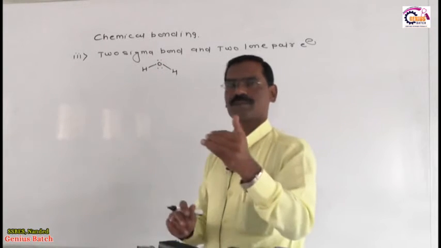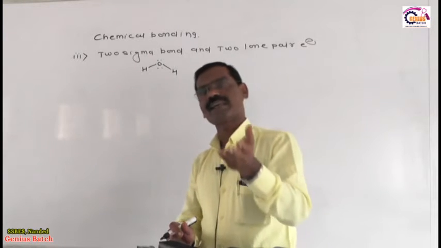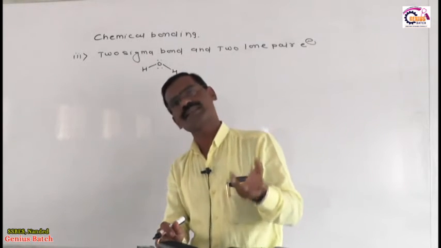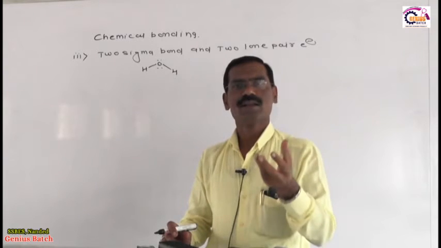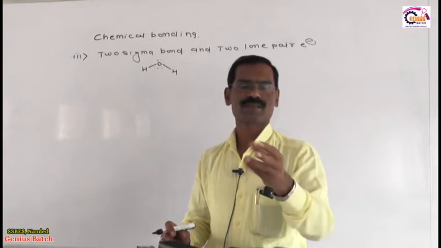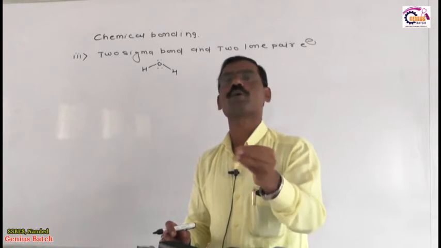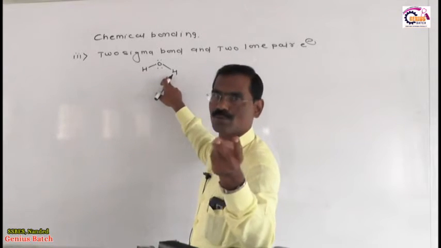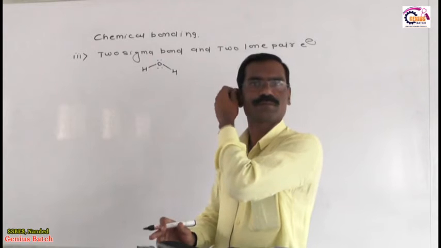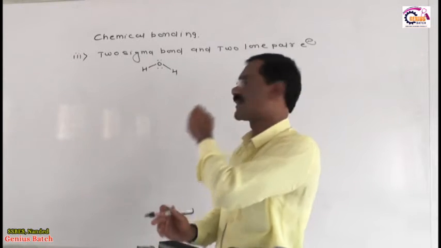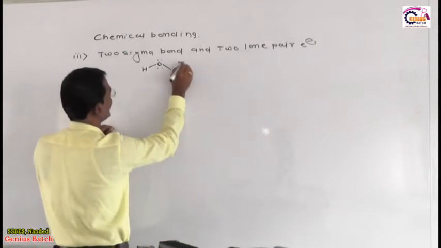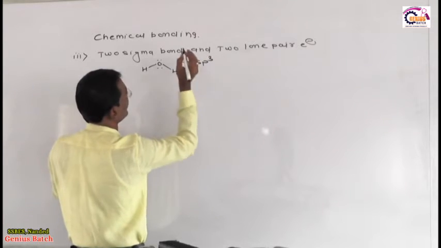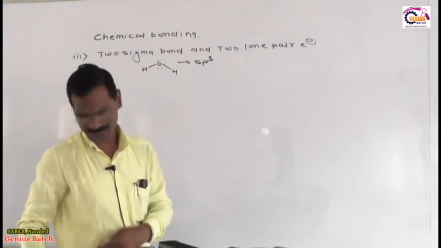According to method first, while calculating the number of hybrid orbitals, we consider the number of sigma bonds plus the number of lone pairs plus the number of negative charges plus the number of coordinate bonds. Here there are only 2 sigma bonds plus 2 lone pairs, which means 4 hybrid orbitals, and so the hybridization of this molecule is sp3.